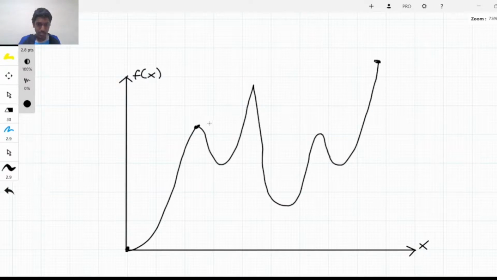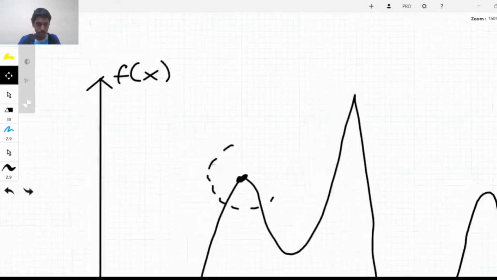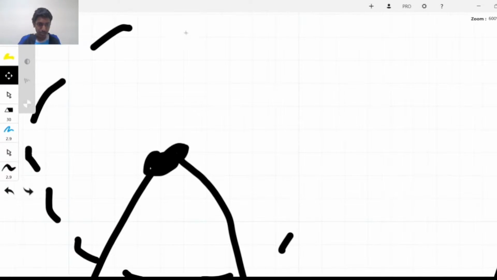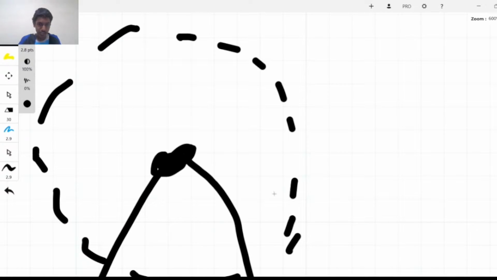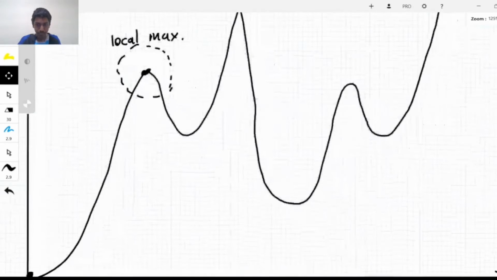So here, you can see that this point is higher than its neighbors. You can zoom into its neighbors, and you can see that it's clearly higher than those, and so we say it's a local maximum, which I'll abbreviate like that.